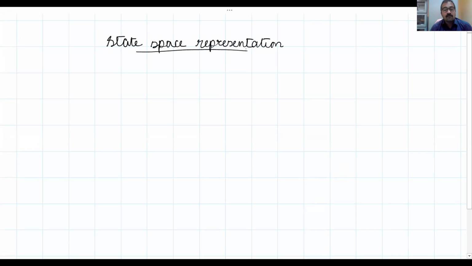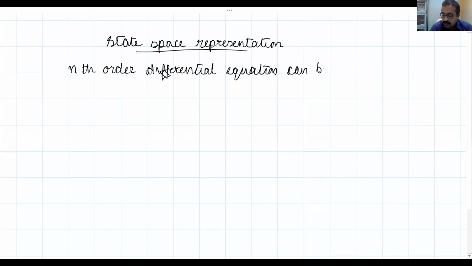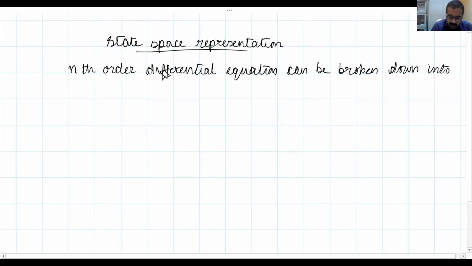The basic idea of state space representation is that an nth order differential equation can be broken down into n first order differential equations.